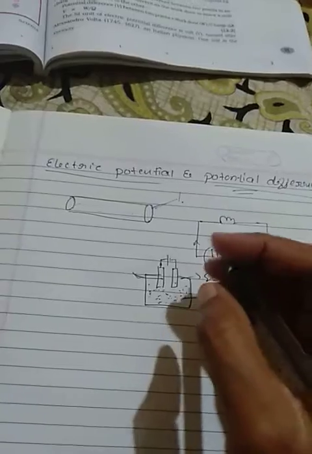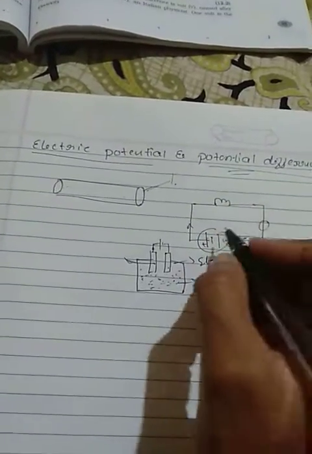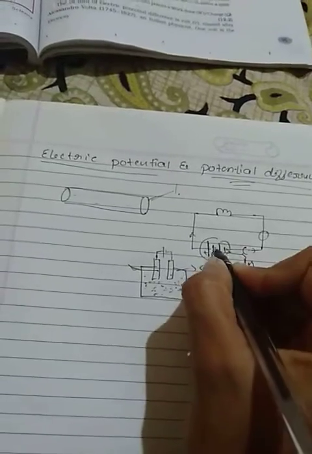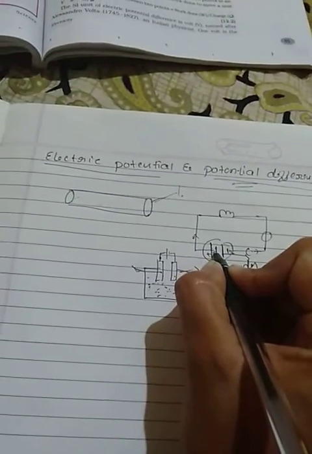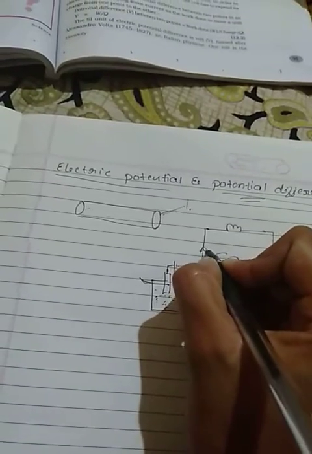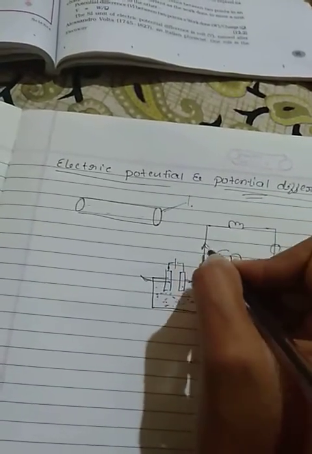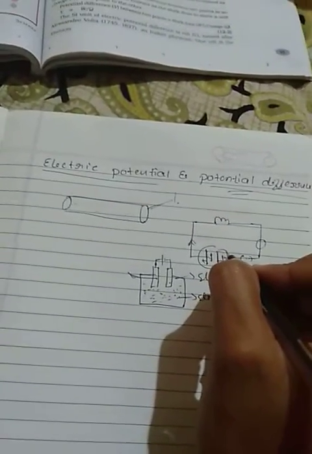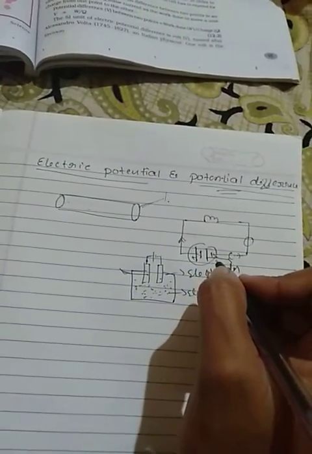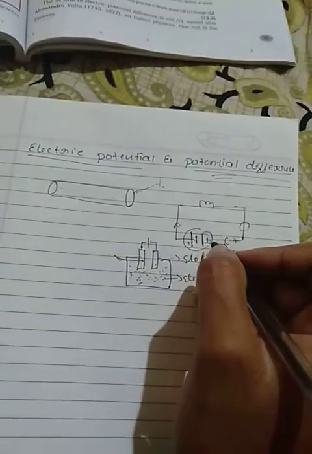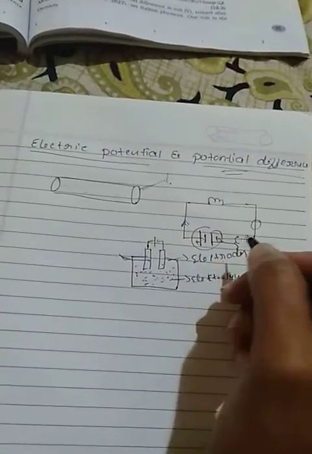When the cell is connected to a conducting circuit, the potential difference sets the charges in motion in the conductor and produces an electric current.